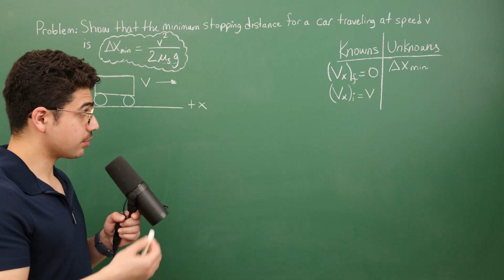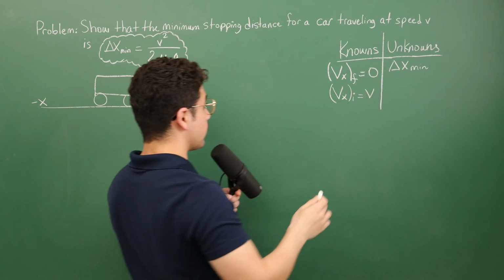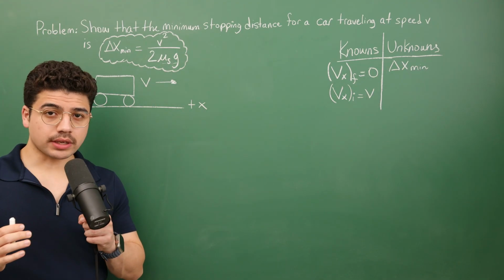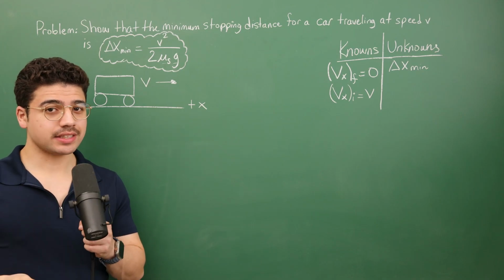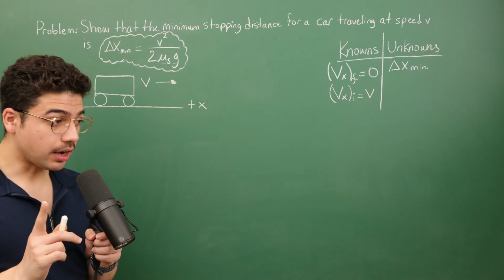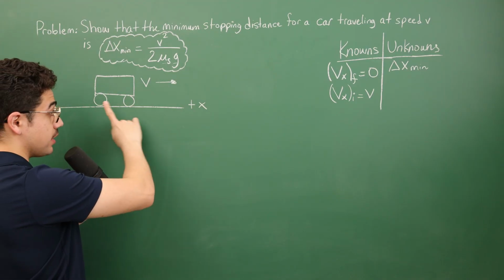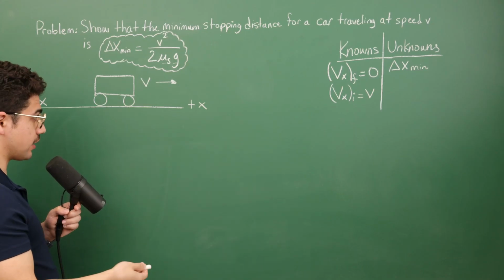Now here's another thing. In order for me to correctly be able to figure out how far this is going to go, this car must be slowing down, meaning that there must be a net force acting upon it. Because if there were not, then this car would simply go at the same speed v forever in a straight line if there is no net force acting on it.